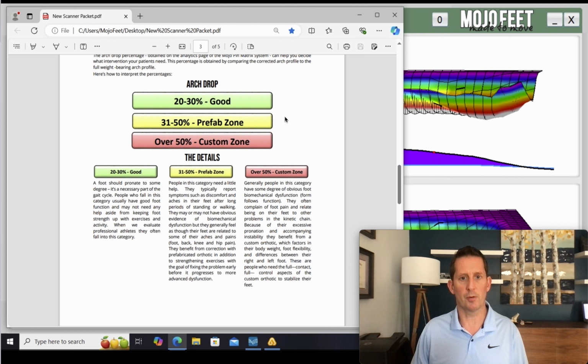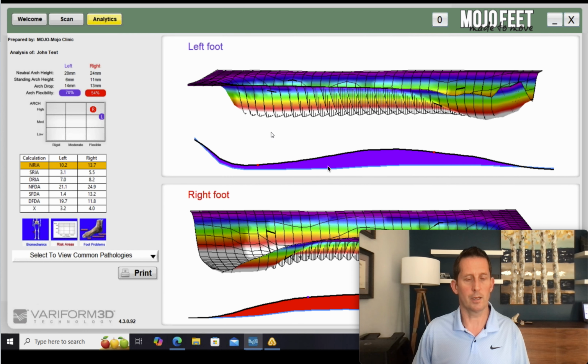When you're over 50%, you're kind of in that zone, and this is somebody who you probably want to intervene with a good level of control in the form of a custom orthotic. So that chart is here for you to reference to. And I'm going to continue along with my example here.